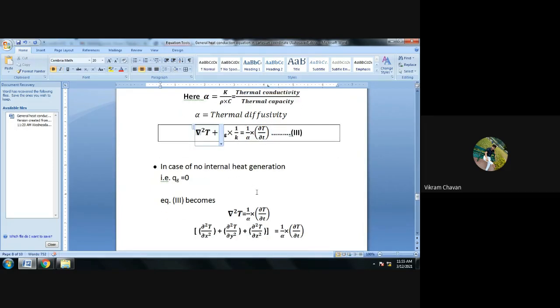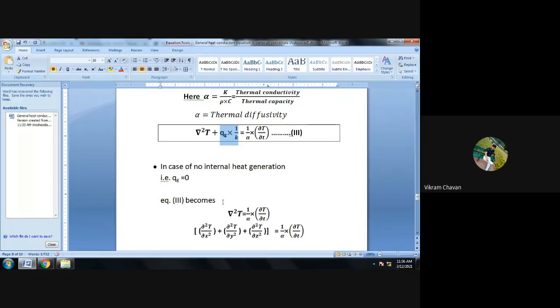So our equation 3 becomes, what is our equation 3? Del square T plus Qg multiplied by 1 upon K is equal to 1 upon alpha multiplied by dabba T divided by dabba small t. In this equation, if you put small q suffix g is equal to 0, then this term becomes 0.